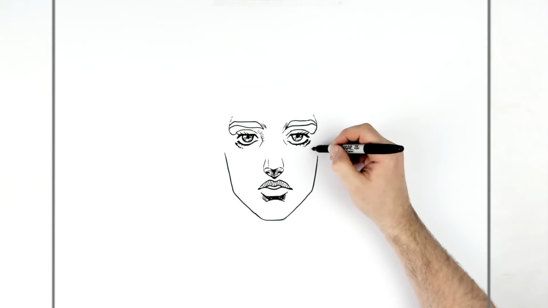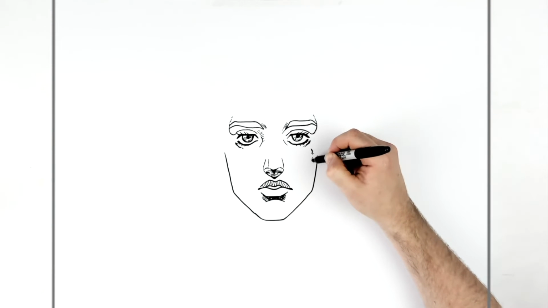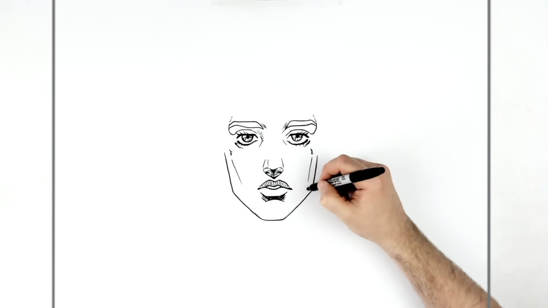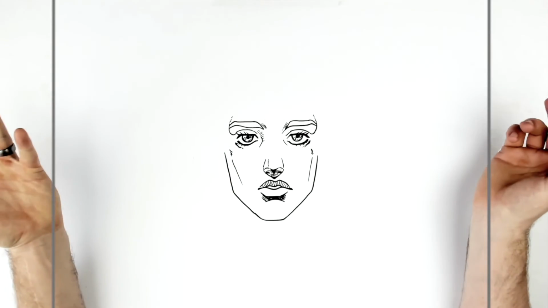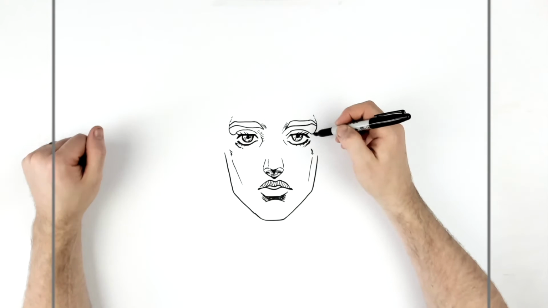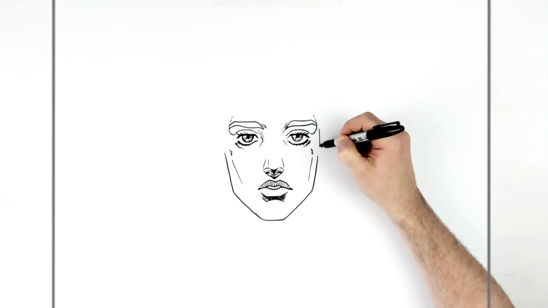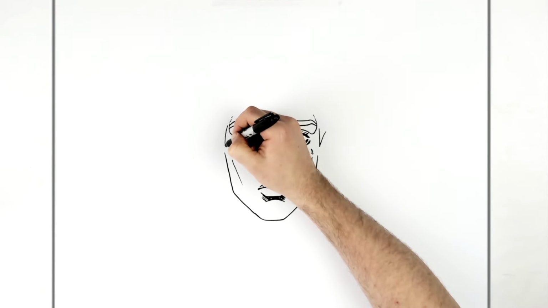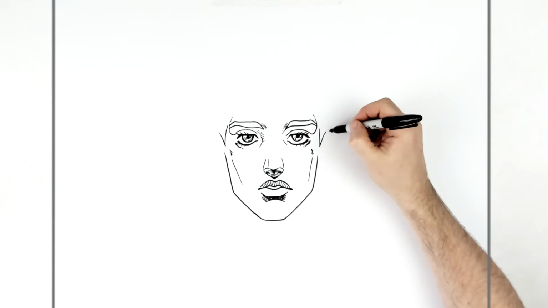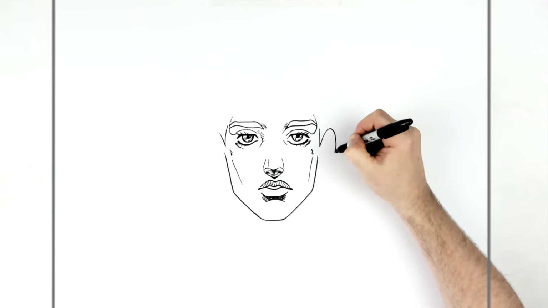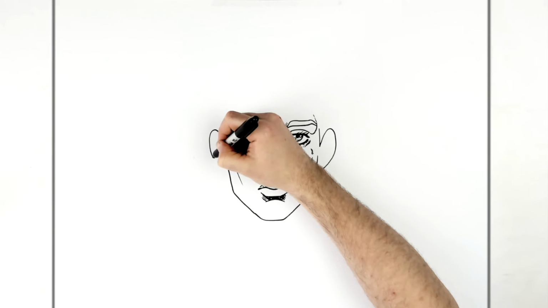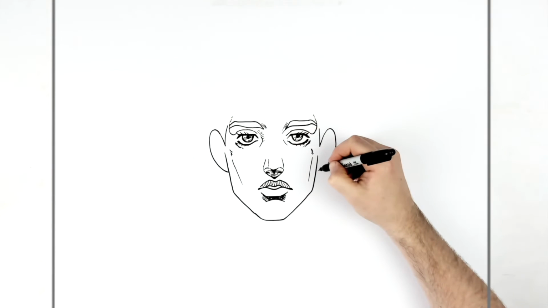And then we can add those JoJo lines, those jawline things that they have. Sometimes that's done with hatching, sometimes it's a straight line, so you have options there. And then his sideburns, just here. And then his ear comes out from there.